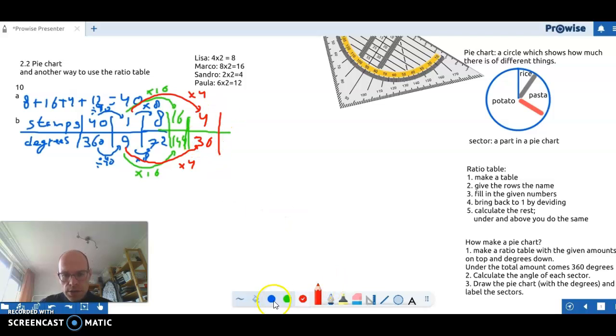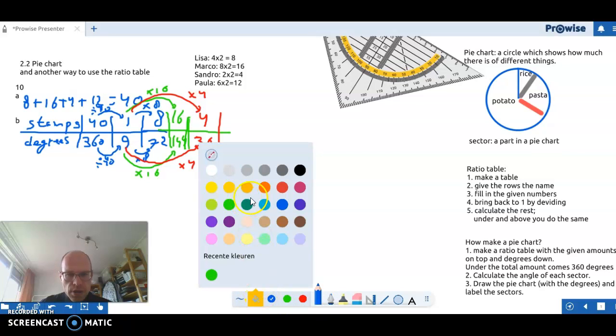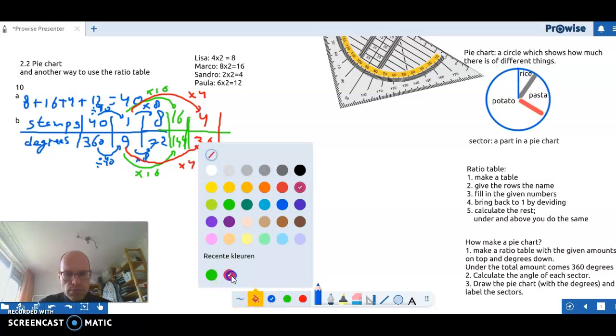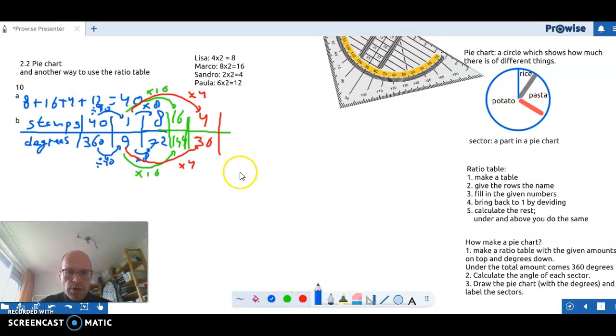And then Paula is left. Get a different color. Pink sounds lovely. This is correct.